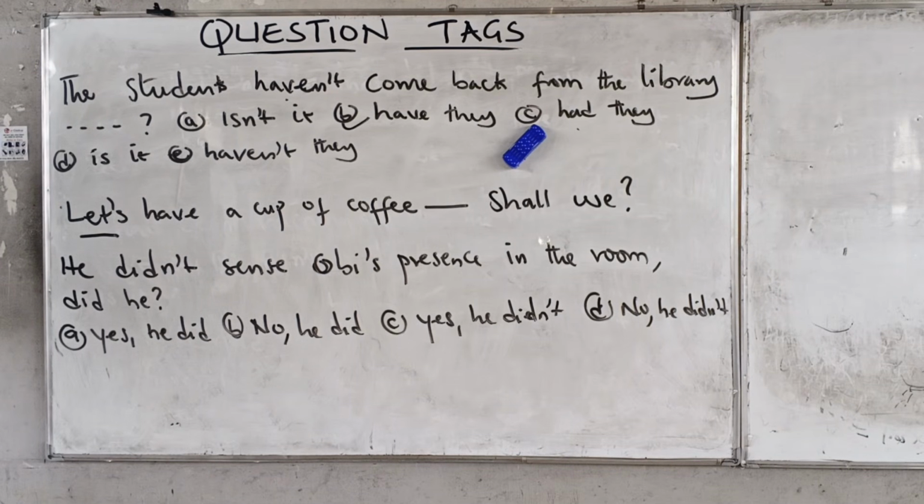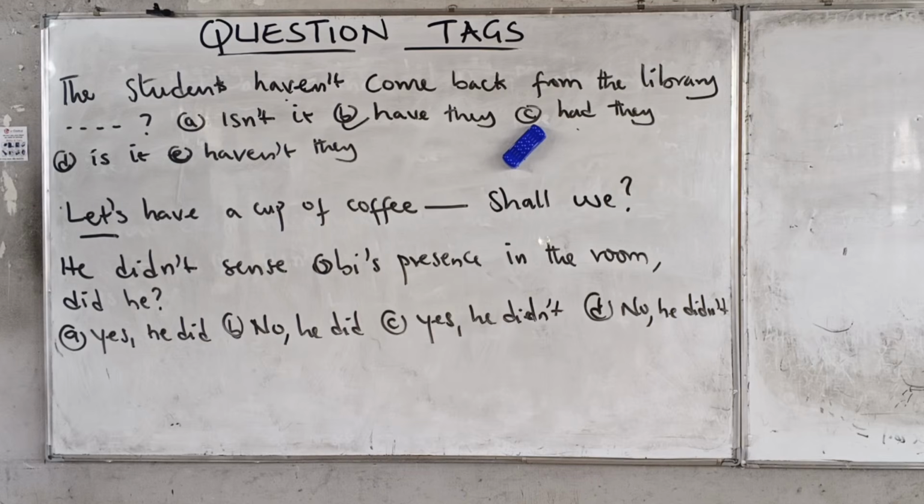All right. Now, what's the answer to this question? "He didn't sense Obi's presence in the room, did he?" So answer that for me. "He didn't sense Obi's presence in the room."